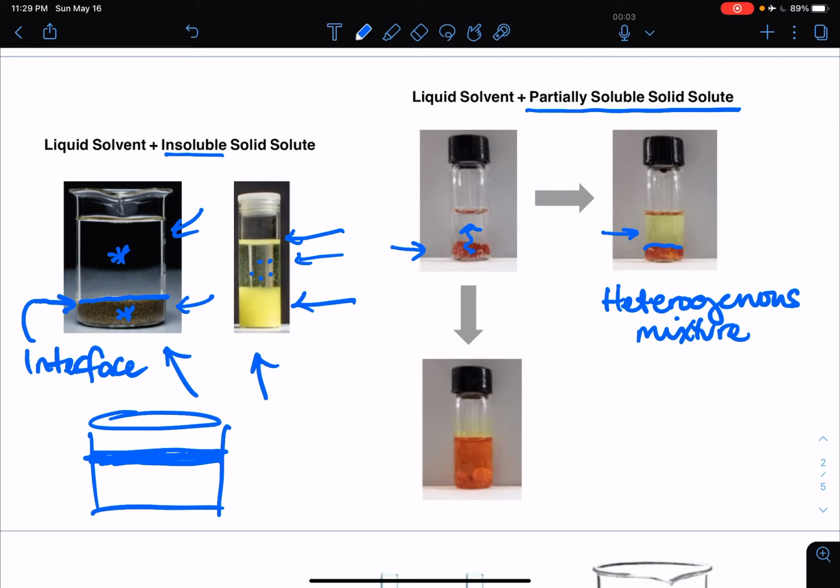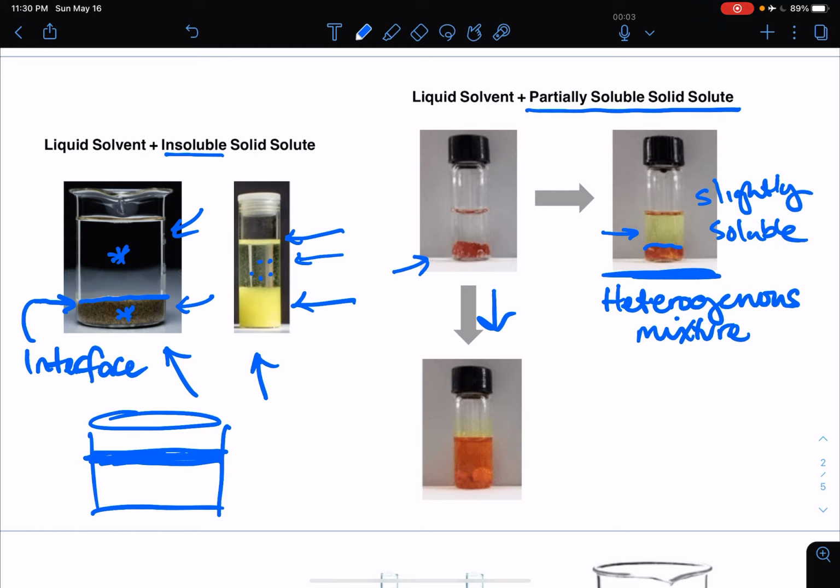Now, what happens if, say, the orange solute that we have in this example is a little bit more soluble than the orange solid that we had when we went this way? So we're going down this way. So say we go from slightly soluble, so let's call this brand of partially soluble slightly soluble. What happens if our orange solid is a little more partially soluble? So maybe we'll call that moderately soluble.